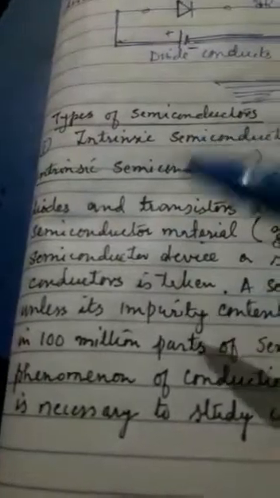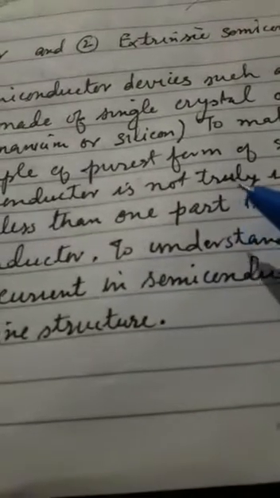A semiconductor is not truly intrinsic unless its impurity content is less than 1 part impurity in 100 million parts of semiconductor.